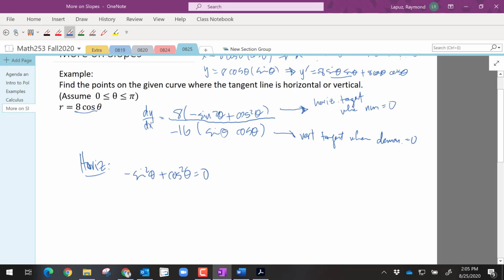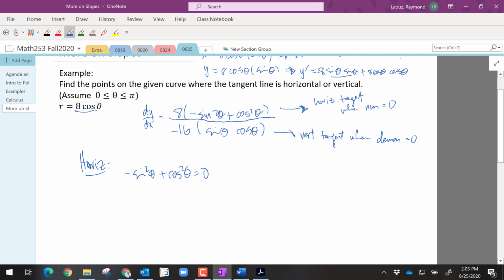We need to remember our trig a little bit. And so I think this is going to just be cosine squared theta equal to positive sine squared theta. And they're both positive, so we take the square root. Cosine theta equals plus or minus sine theta.